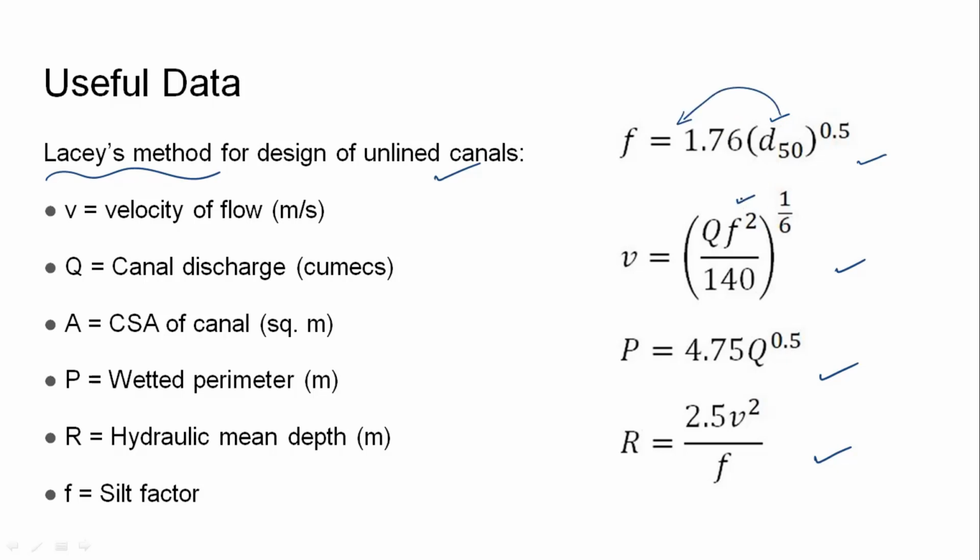Once we know the silt factor and the discharge, we can calculate the velocity of flow. Also from the discharge we can find the wetted perimeter, which is the portion of the canal that is in contact with water. Using the velocity V and the silt factor F, we can also find the hydraulic mean depth for the canal.